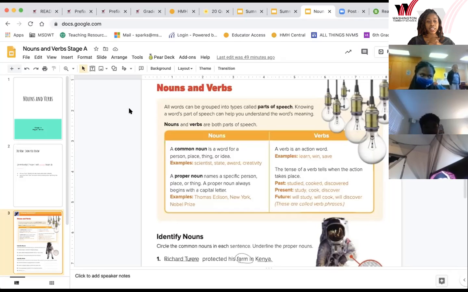Aaliyah, do you have an example of a common noun? Good, library. Now, Omar, can you read the proper noun's meaning, please? A proper noun names a specific person, place, or thing.